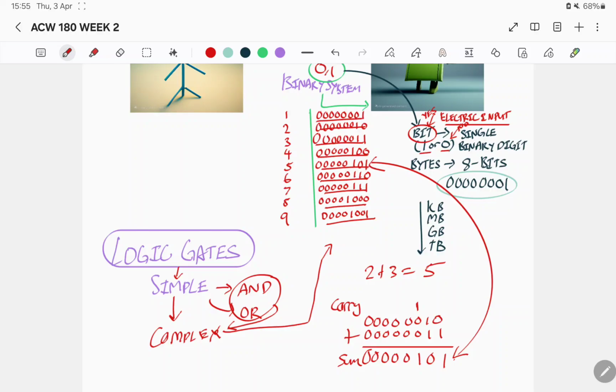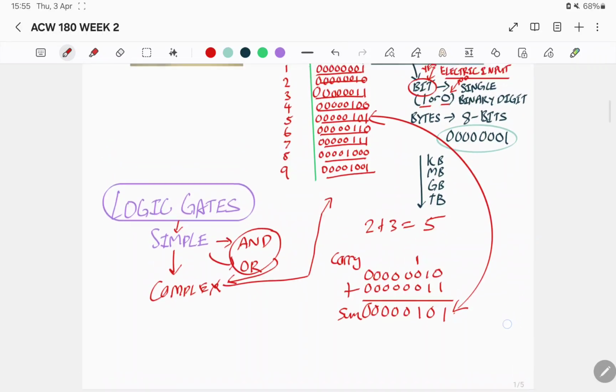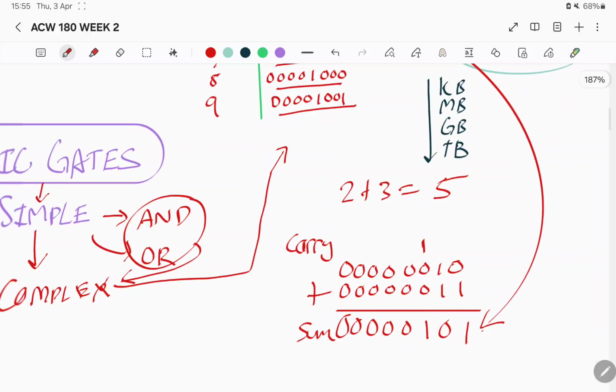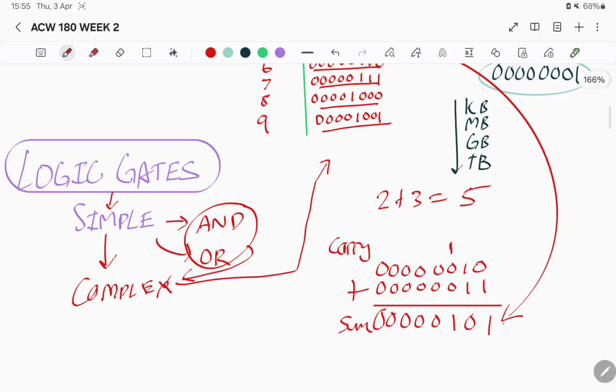Of course, that's how you input. There will be a flip-flop gate, or what they call the full adder circuit, where there are two inputs, and when you sum up, there is a carry.